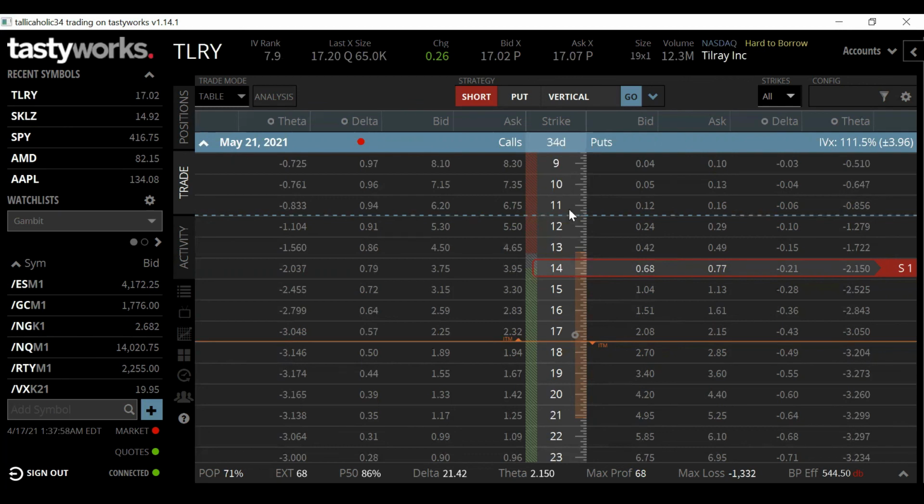And once you get in here, you can all of a sudden get assigned on your 14s, and then you can turn around and bam, sell a call against it. That's something we like to call the wheel strategy, and we'll get into that later. But again, this is a good old classic naked short or writing a put.